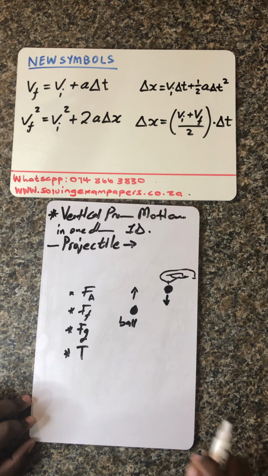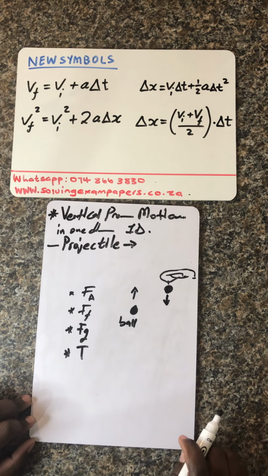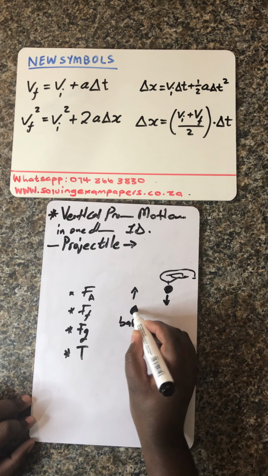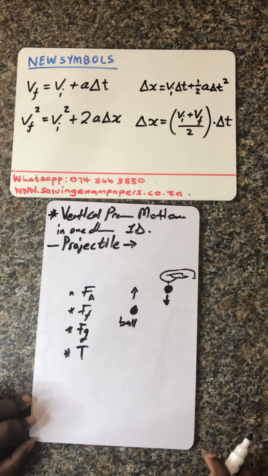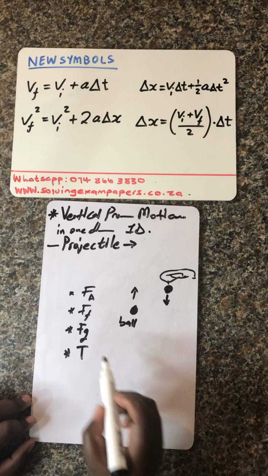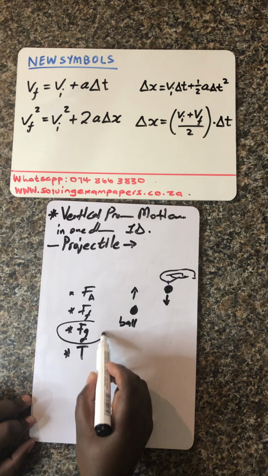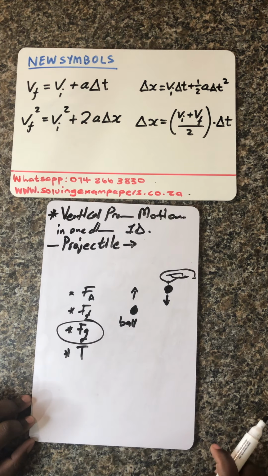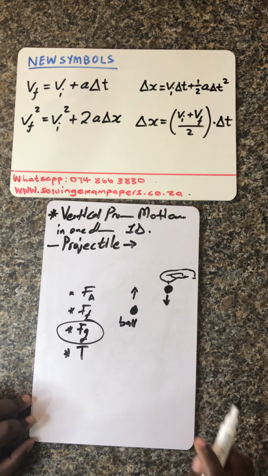So when we talk about projectile, we are referring to this object, ladies and gentlemen, whereby it's only the force of gravity, okay, which is acting on this particular object.